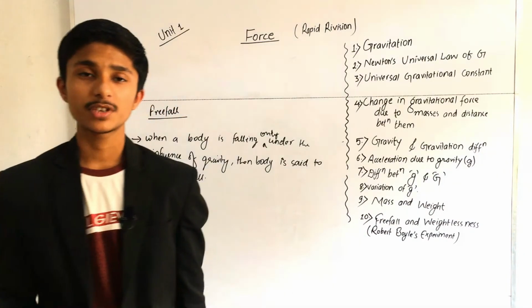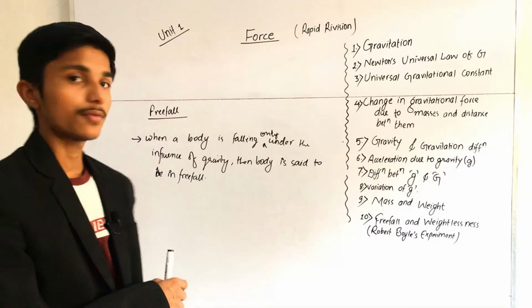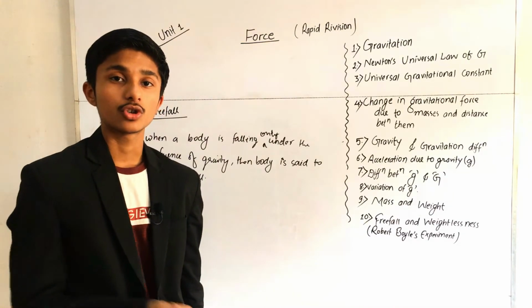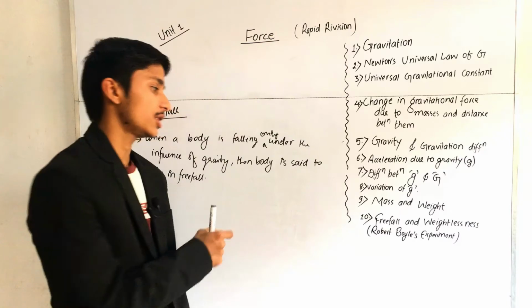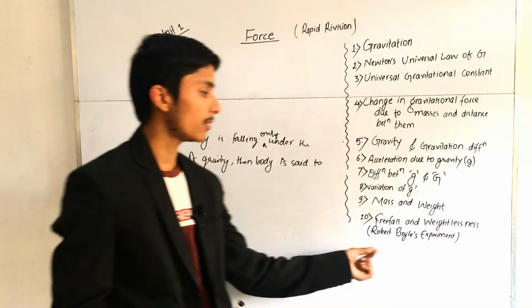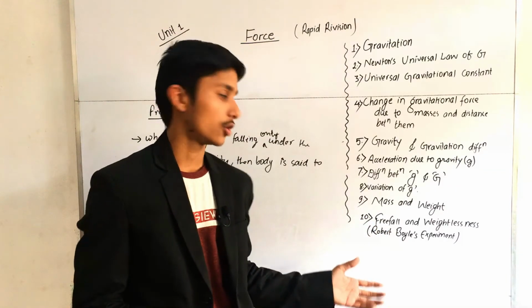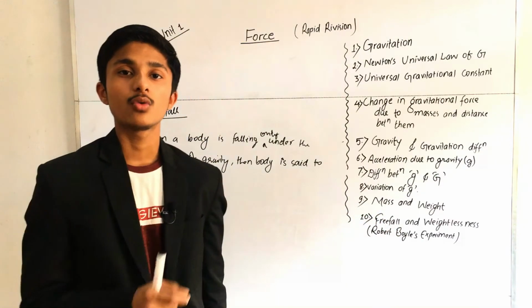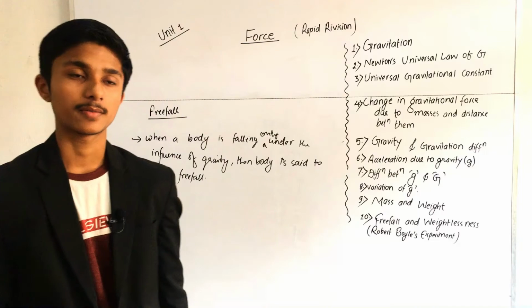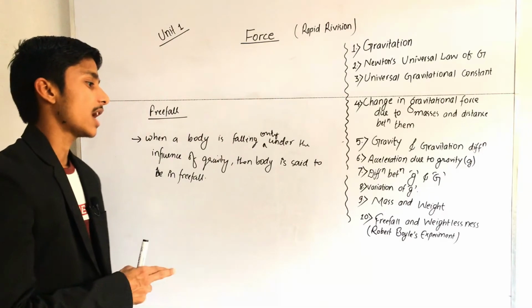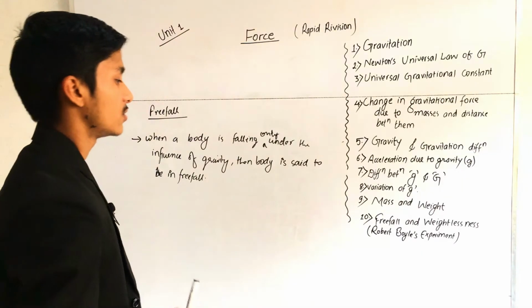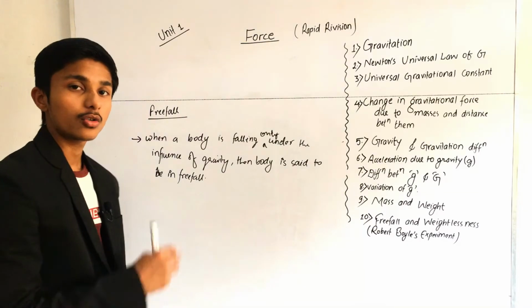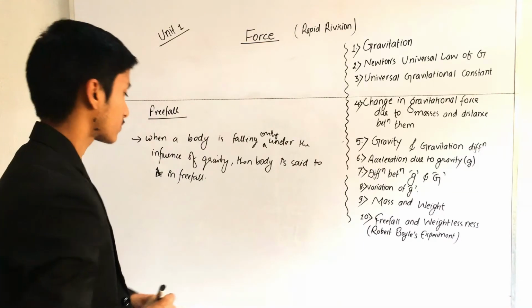He did not accept the statement of Galileo Galilei. To test it, he performed one experiment known as Robert Boyle's experiment, popularly known as the coin and feather experiment. In the previous lecture, I also discussed this topic.